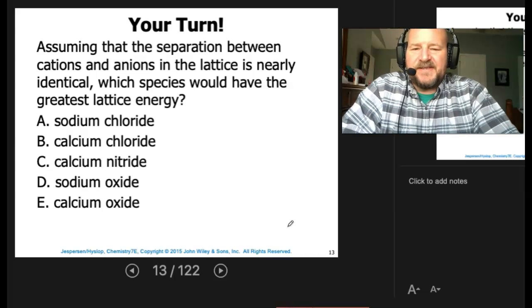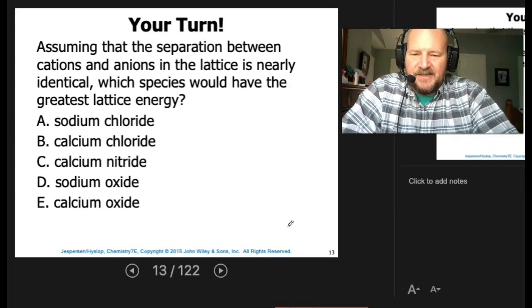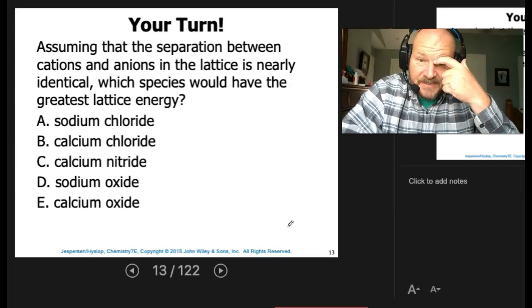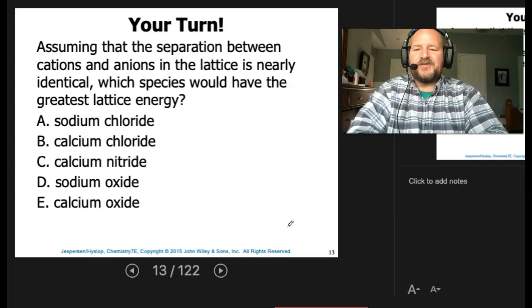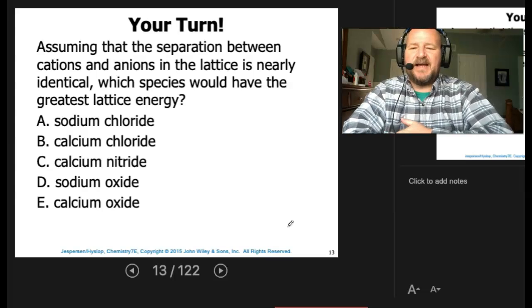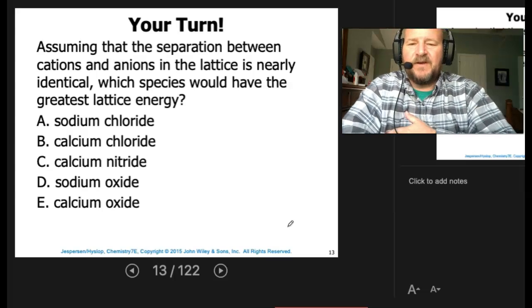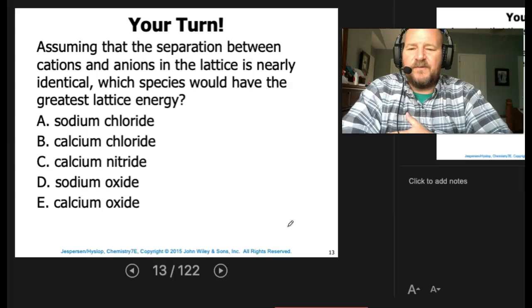All right, so assuming that the separation between cations and anions in the lattice is nearly identical, which species would have the greatest lattice energy?